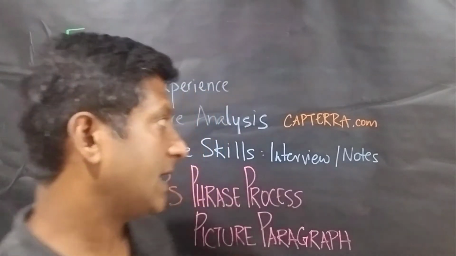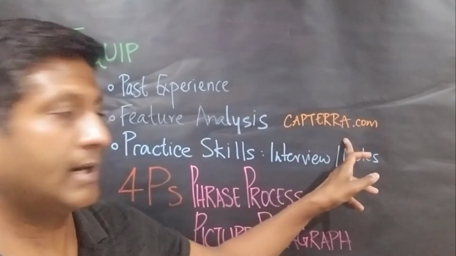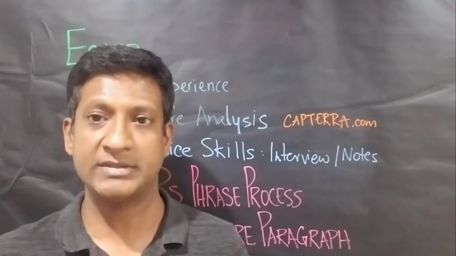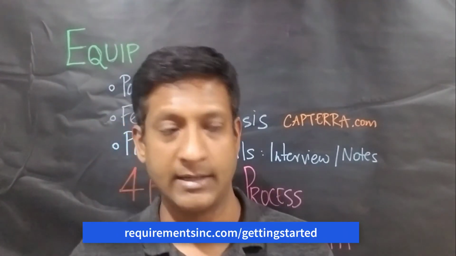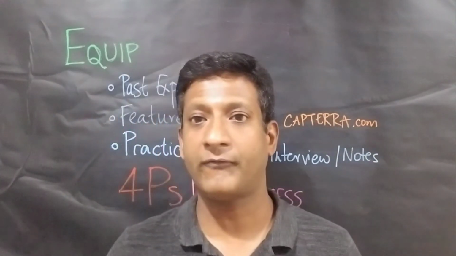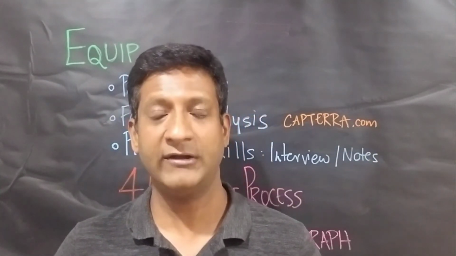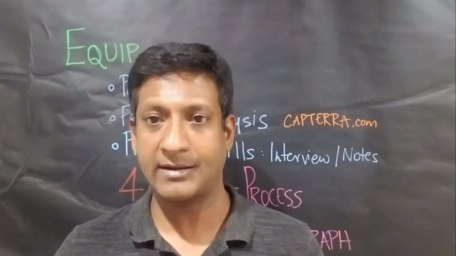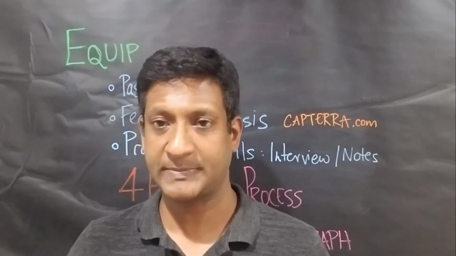And one way to get started with that is if you go to this website, capterra.com, and I'll throw in that information on that link as well, requirementsync.com/getting started. Capterra.com is a software directory, which means a lot of software vendors have information about their products available there. And they are very well categorized by domain and subdomain and specific subject area.